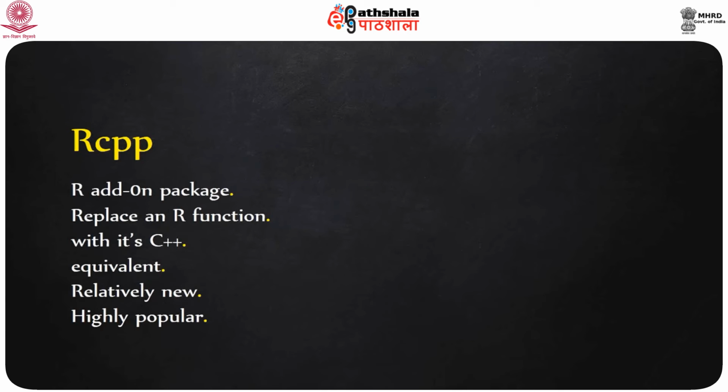RCPP is relatively new, but the catch is that it has already become widely popular among the users and developers in the R community. Now, let me give you some statistics. RCPP is now the most popular language extension for R and is used by over 100 CRAN packages as well as 10 Bioconductor packages. Those are very useful, as you all know.